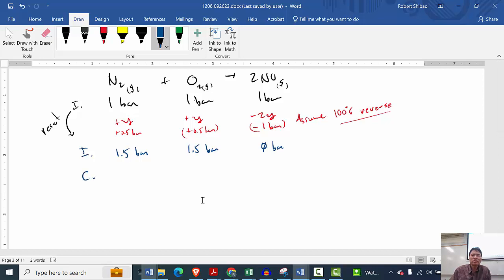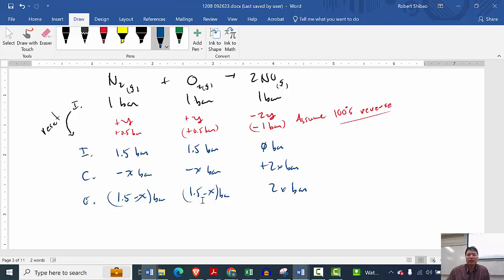So we see that we have 0 here. We've got to have something here to get the correct ratio. And so the change is going to be minus x bar here, minus x bar here, plus 2x bar here. And so at equilibrium I'm going to have 1.5 minus x bar, 1.5 minus x bar, and 2x bar.